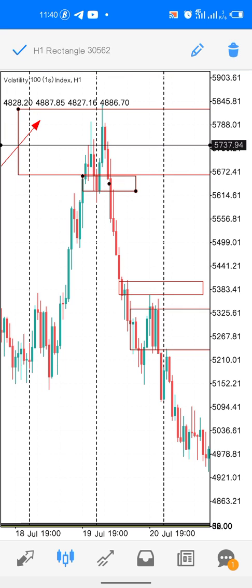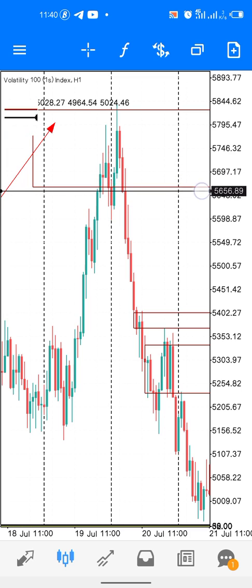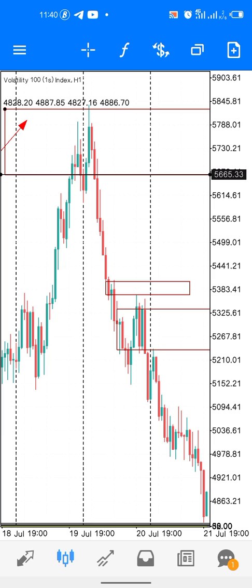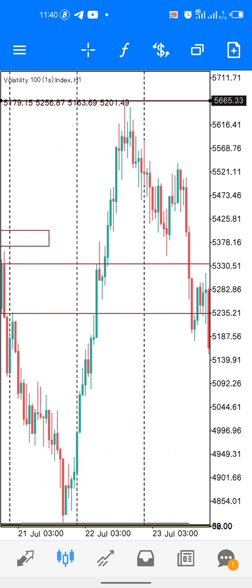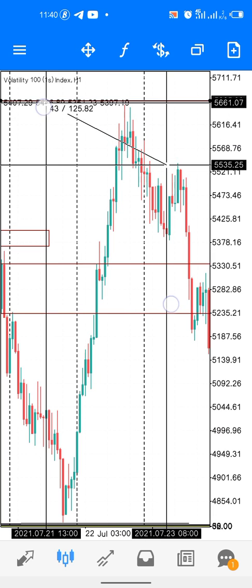Have we seen the breaker on H1? So expecting price to bounce on this point, price came and bounced on this breaker. Have you seen the way it bounced on it? It gave us our pattern.